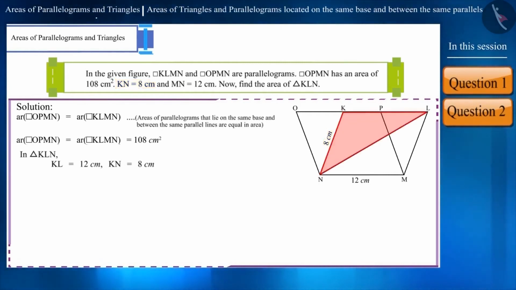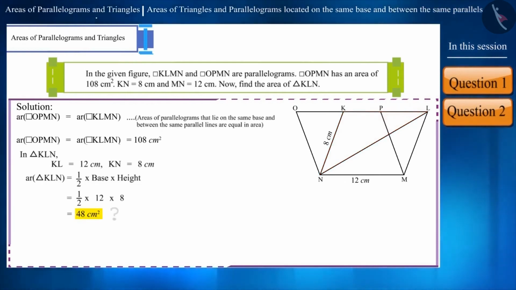If we state the area of triangle KLN as 48 centimeter square, then will it be correct? In the given figure, to apply the formula for the area of triangle, 1/2 into base into height, we will need the measurement of its base and height.